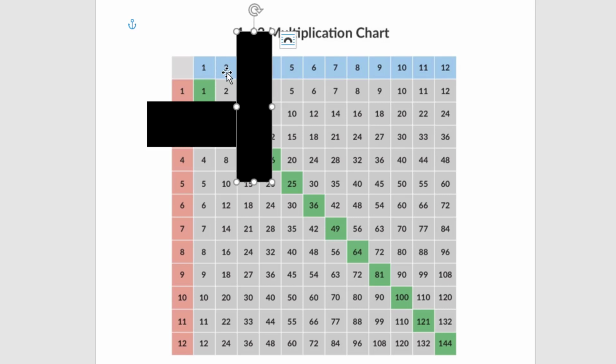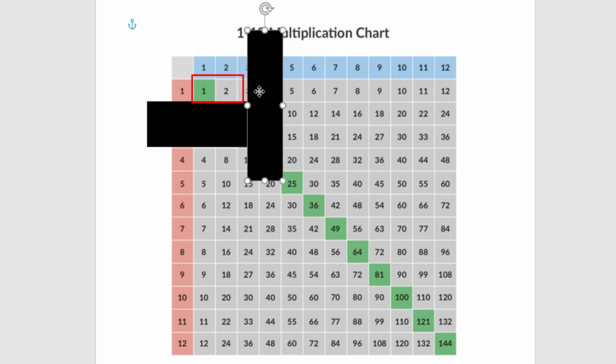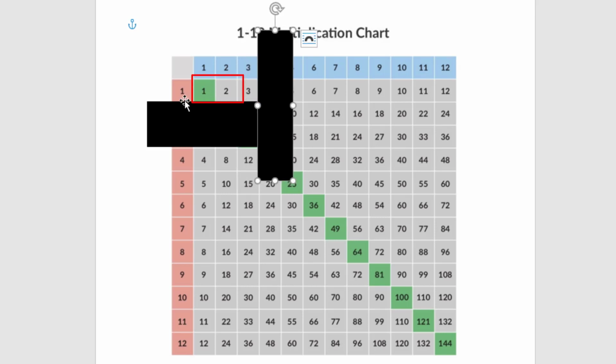Here I have 2 times 1, so I have 2 squares right here. They form this rectangle. Let's look at 3. Here I have 1 times 3. They form this rectangle, and there are 3 squares inside that rectangle.